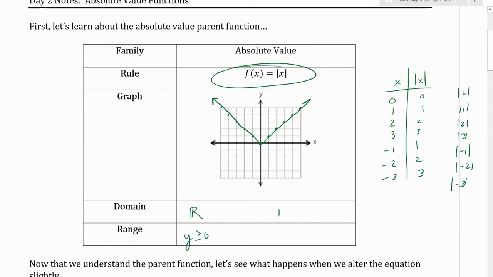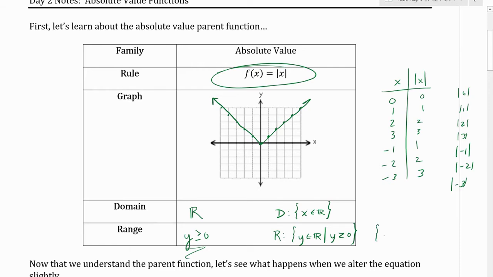Now remember, lots of times you're going to see this in a more mathy looking way. You might see the range is all the y's that are elements of the real numbers such that y is greater than or equal to 0. We're keeping it pretty straightforward. I'm just going to say y is greater than or equal to 0.